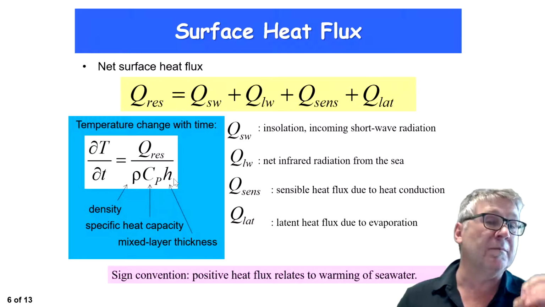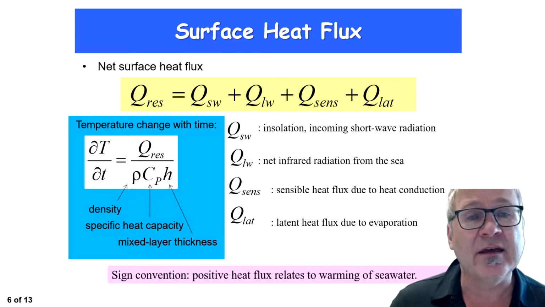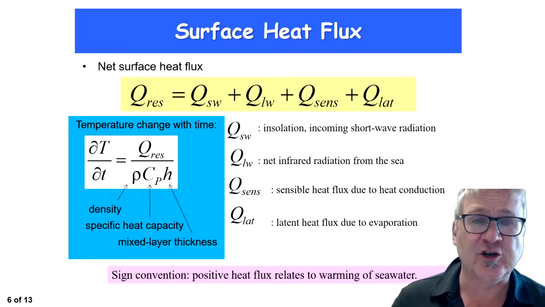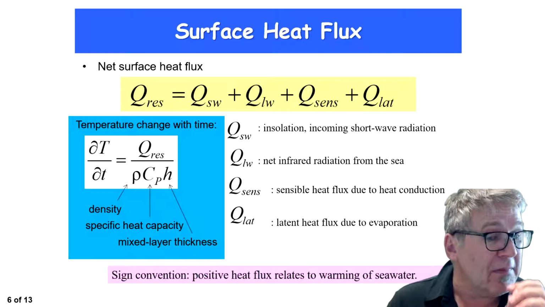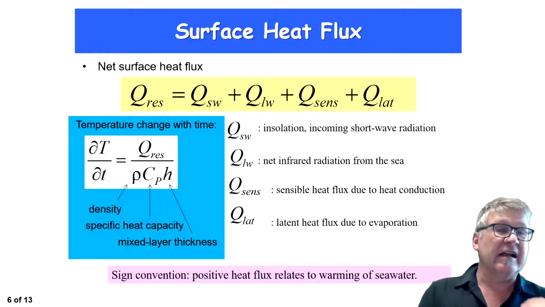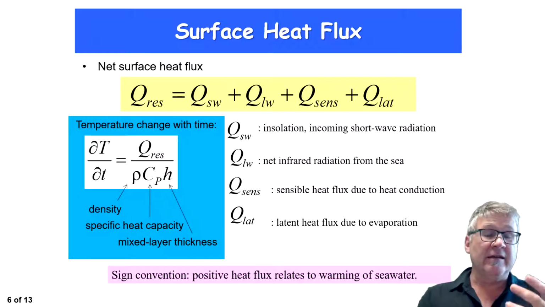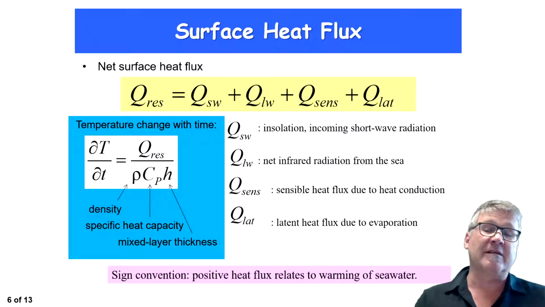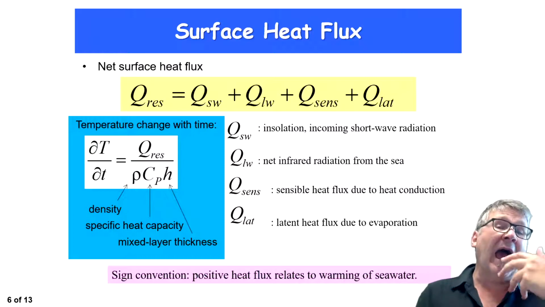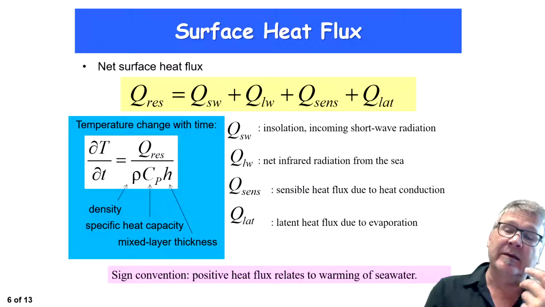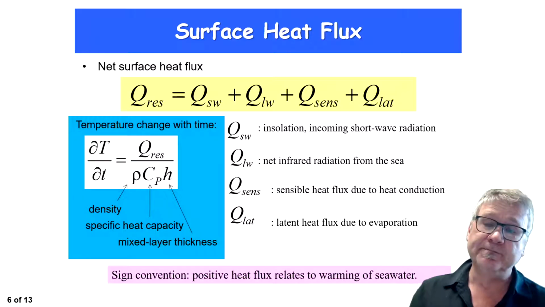So if you, for example, double the mix layer thickness, you actually halve the rate of change. So the mix layer thickness controls the rate of change together with the heat flux itself. This is how the surface layer heats up or cools down.